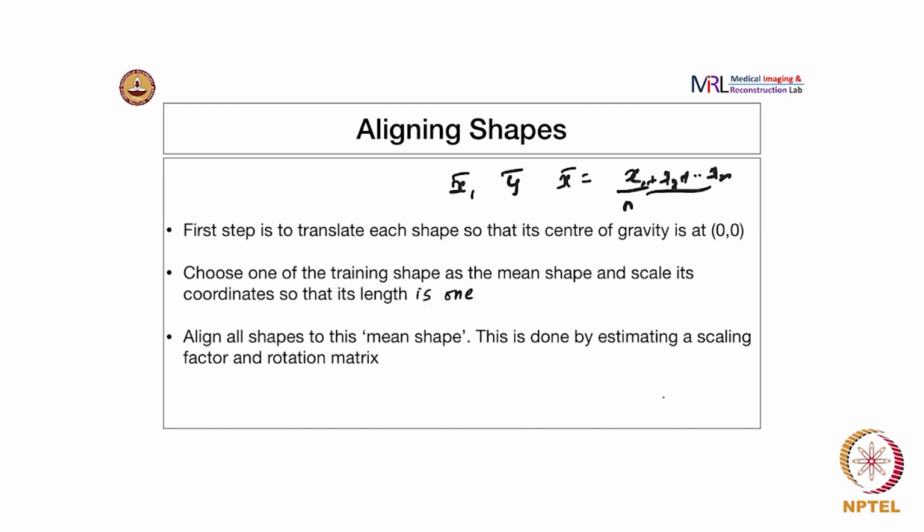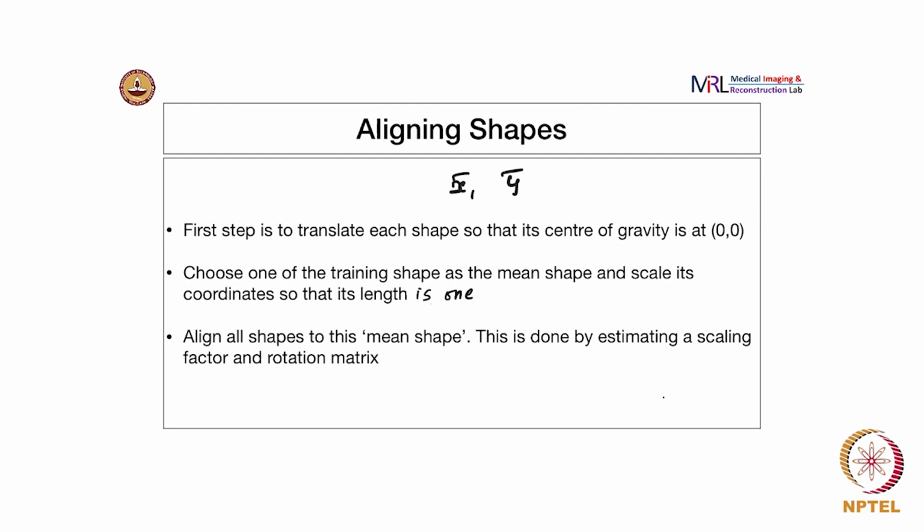We can write this better in a second. So x bar and y bar are calculated as the mean of the x coordinates and the mean of the y coordinates, and then you subtract that out from the individual coordinates.